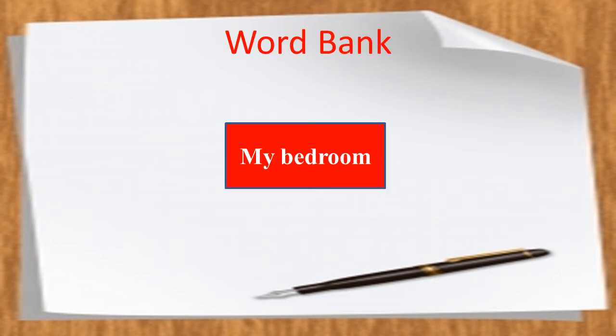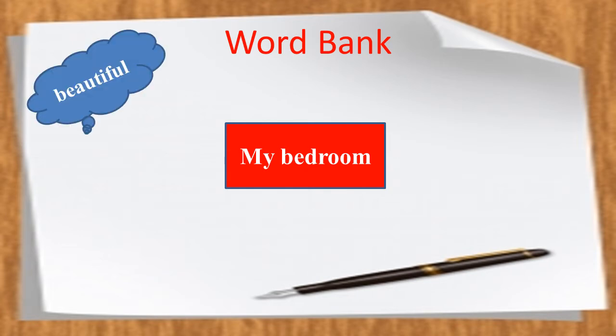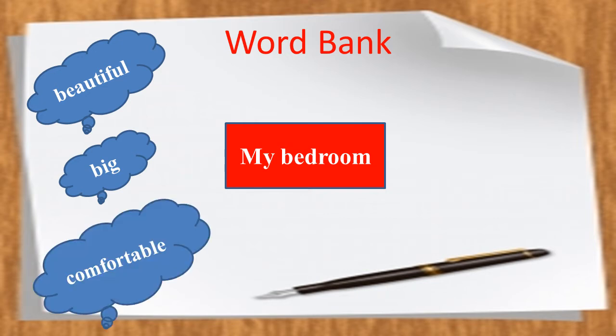Okay, dear students, now you are thinking which words are coming to your mind while thinking about your bedroom. First word that comes to your mind must be beautiful, खूबसूरत. Big, बहुत बड़ा. Comfortable, yes, ये हम सबके माइंड में आता है जब हम अपने रूम के बारे में सोचते हैं.